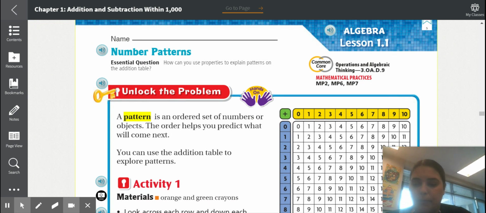So follow along. A pattern is an ordered set of numbers or objects. The order helps you predict what will come next. So if I said to you, yellow, green, yellow, green, yellow, green, you would know to say green because I already started a pattern. Here's another pattern. 10, 20, 30, 40, 50.